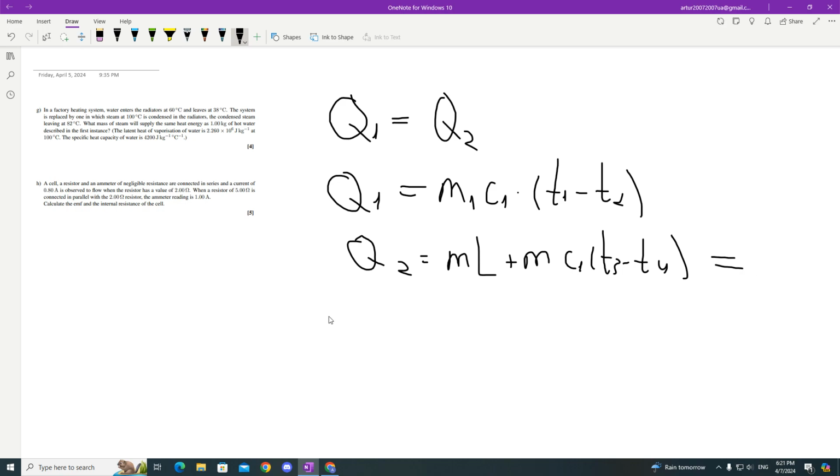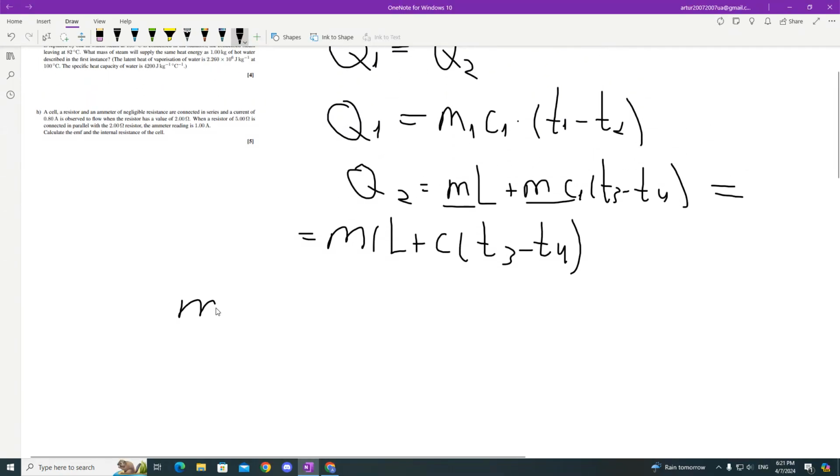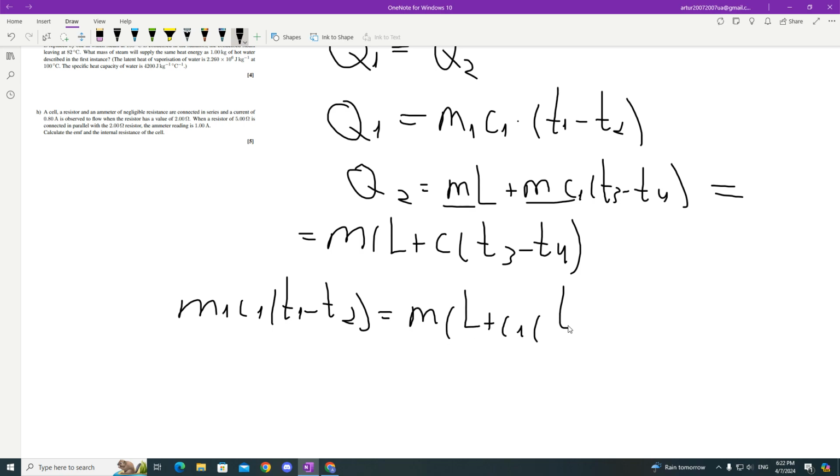We had better factorize it because we have to find m. So factorize it: m L plus C1 (T3 minus T4). So we have that m1 C1 (T1 minus T2) is equal to m (L plus C1 (T3 minus T4)).